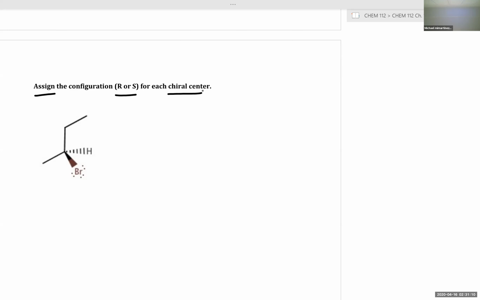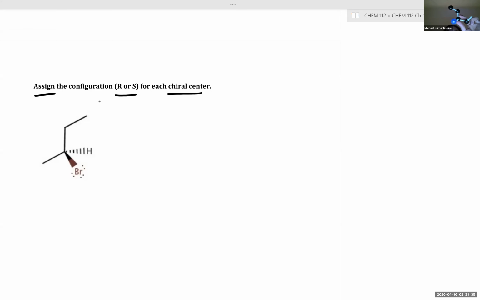Let's rotate our molecule. You need to make sure your skeleton is drawn exactly the same way your structure is drawn. Does everyone notice how the skeleton for this molecule exactly matches the skeleton in my initial picture?